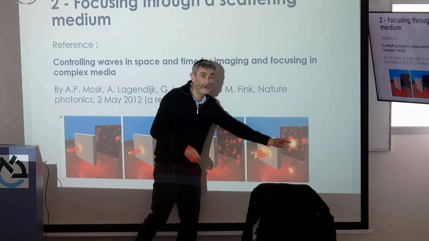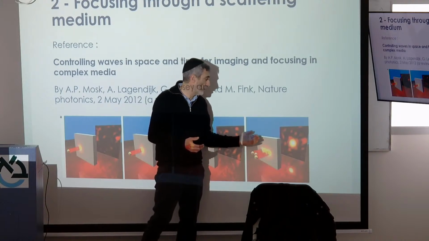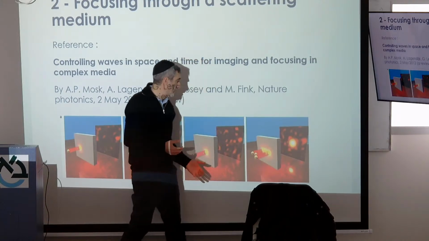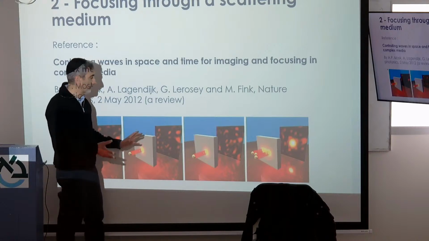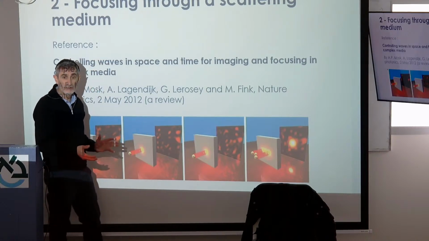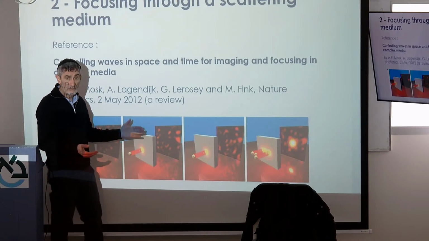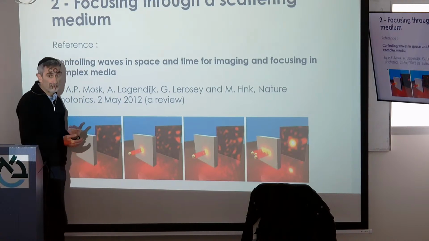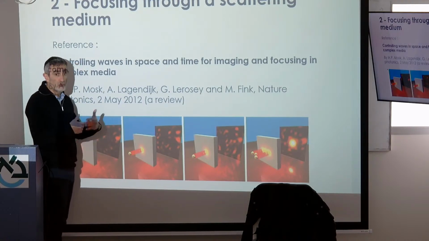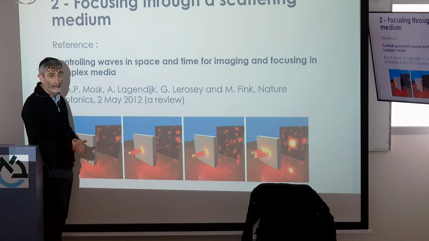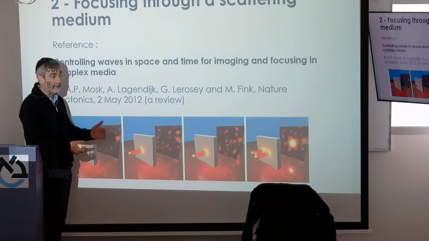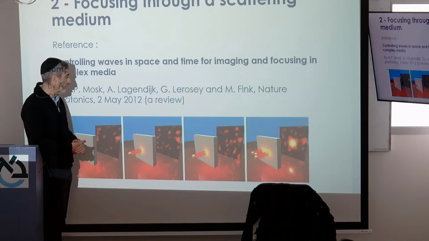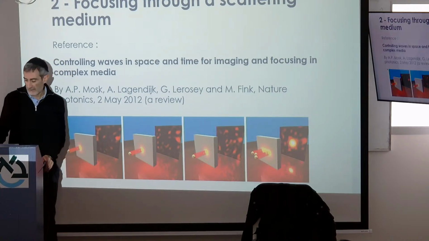So you can actually focus light somewhere behind the scattering medium by combining smartly all those speckle patterns, because these are interference patterns. The sum of interference will give you a new interference, and that can be something interesting for imaging, at least through a scattering medium. So that's where the idea comes from.